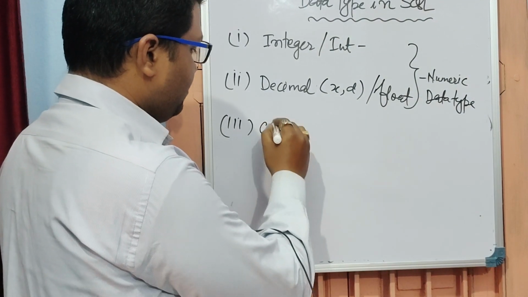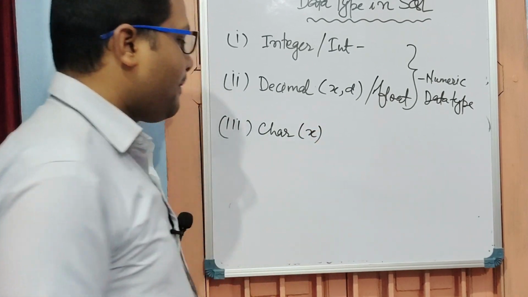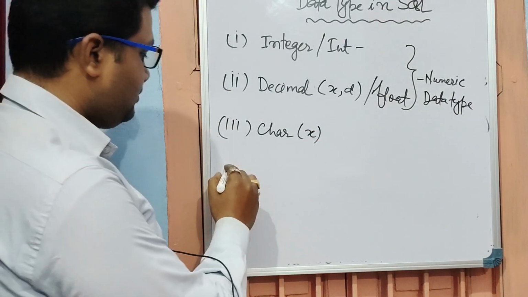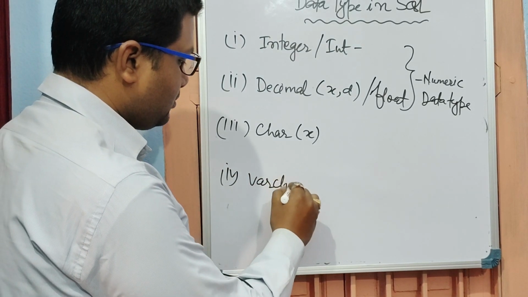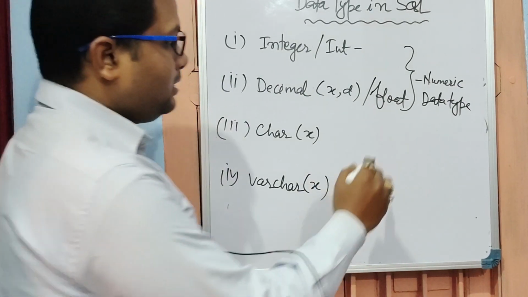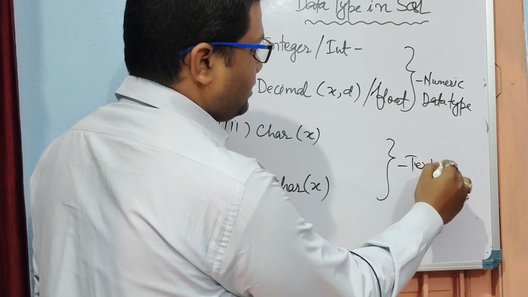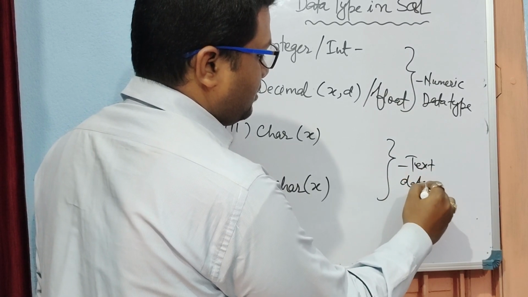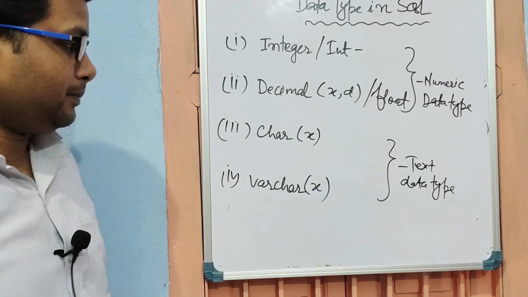After that, char and varchar. These are text data types.